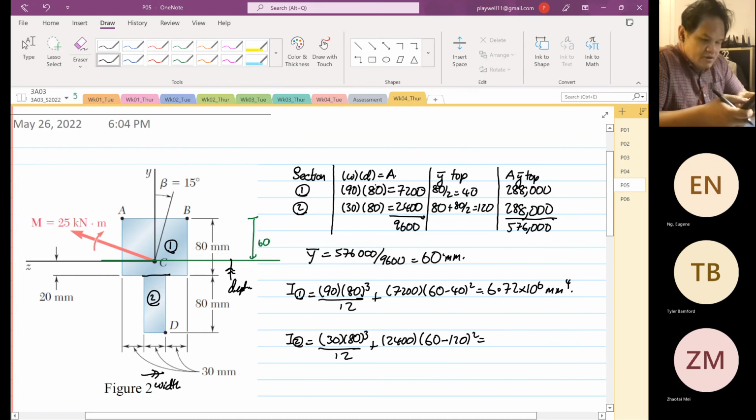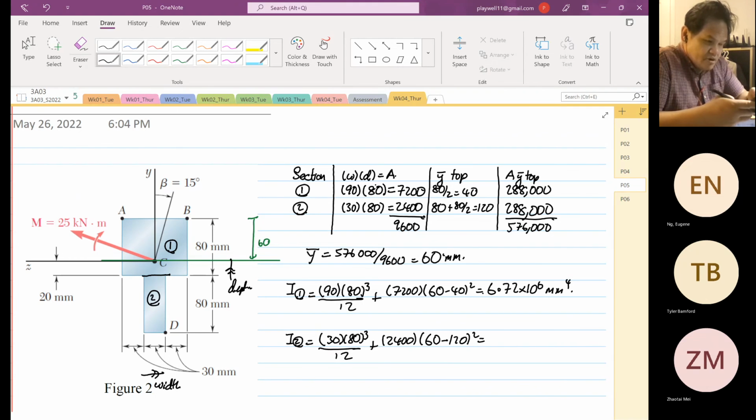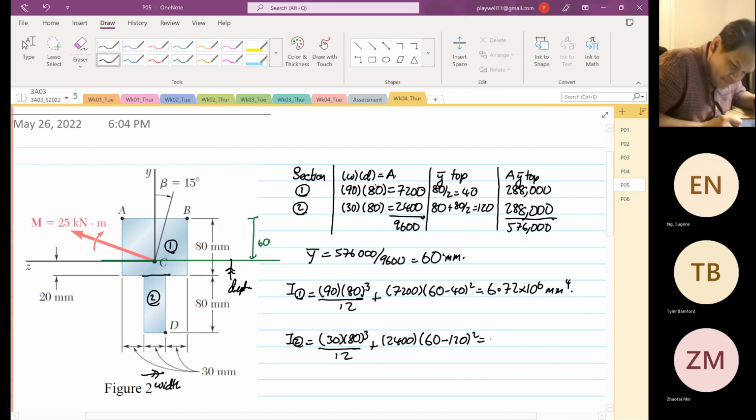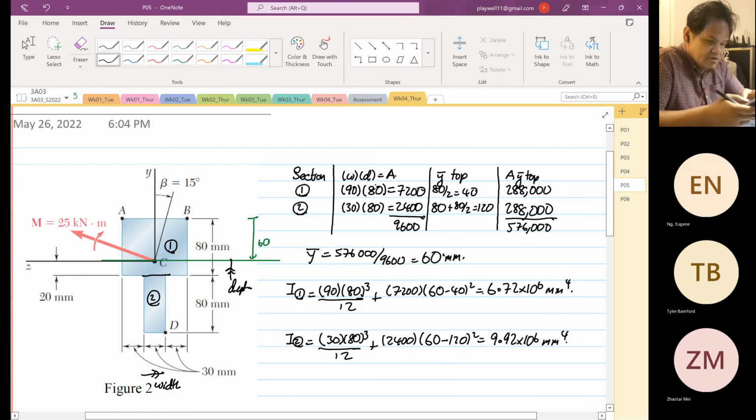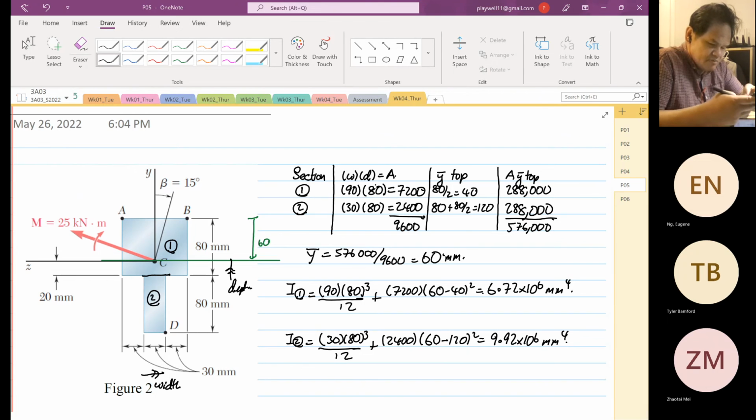That is equal to 9.92 times 10 to the power 6.